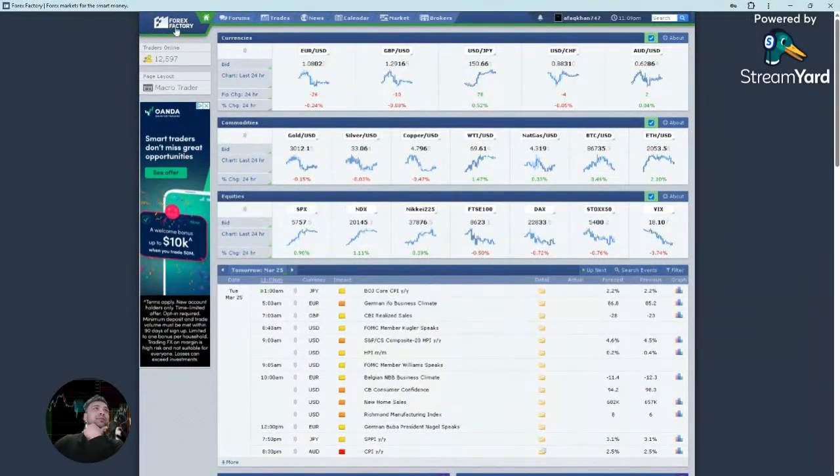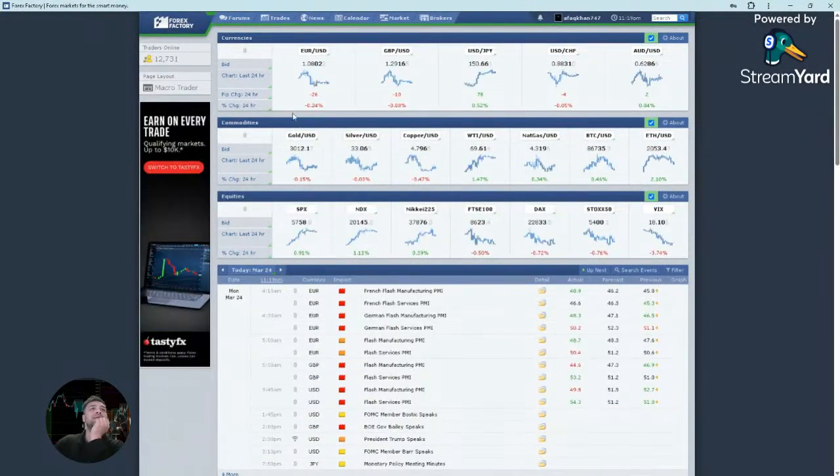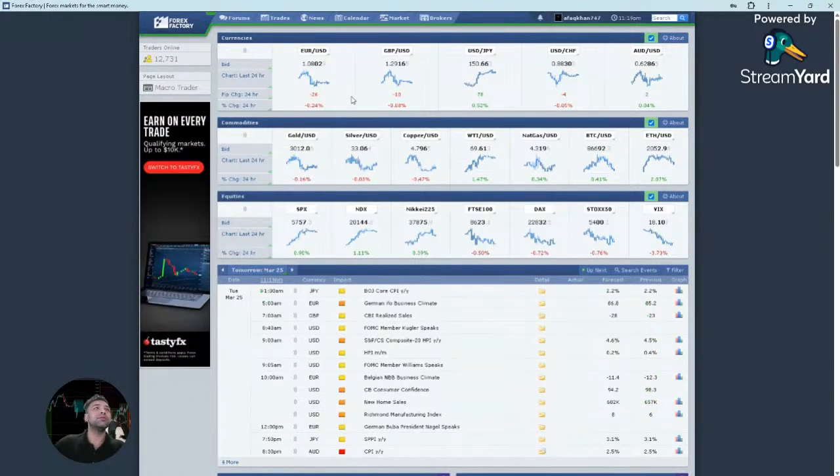So this is the website which I use for understanding the data and everything. We can look into that as well. In the currencies, as the euro opened, it's down, the pound is down, and in USD/JPY we can see that the yen is down, so the USD is stronger right here.